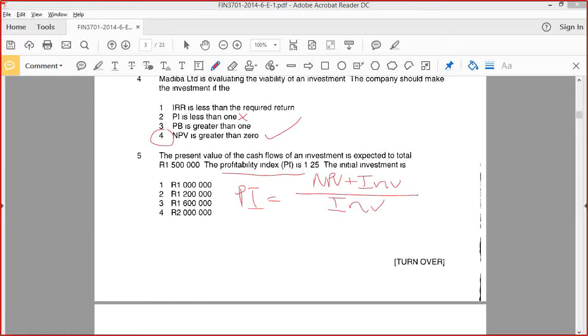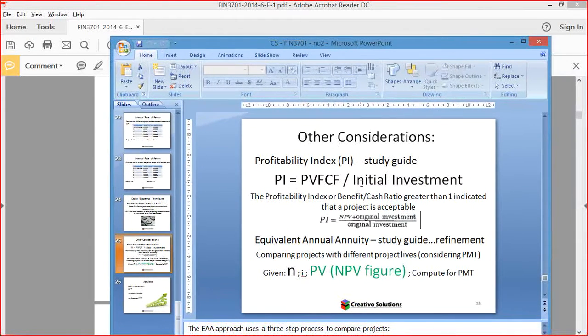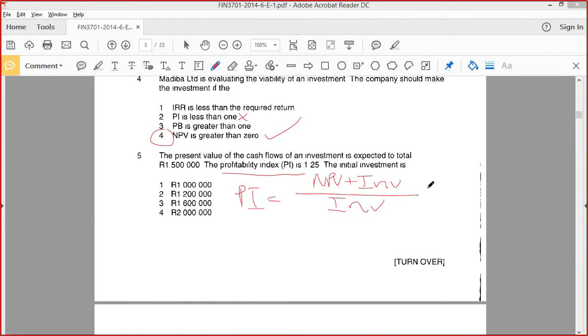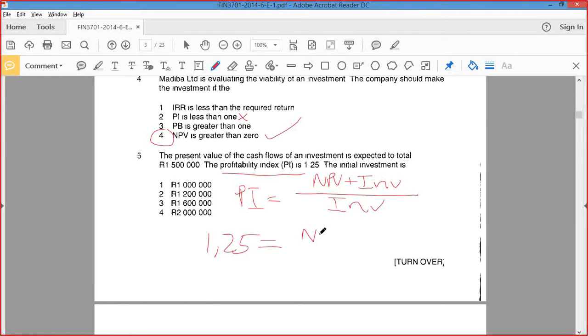Let's see when we worked it out last time. Was it minus? No. Here's the formula, plus. Is it plus? Okay. Yeah, plus. Okay, so PI here is 1.25. So we'd basically do this pretty much the same way that we did the last one.